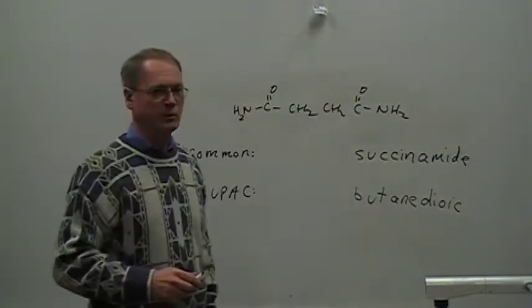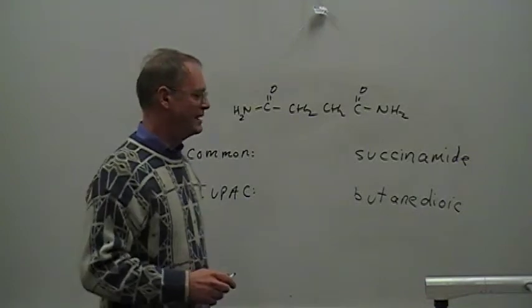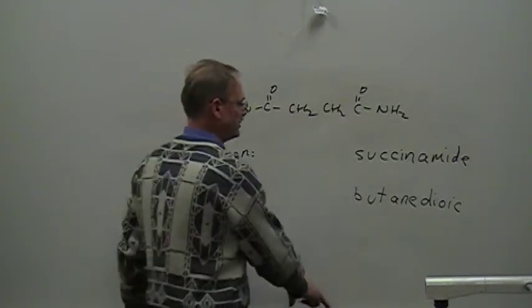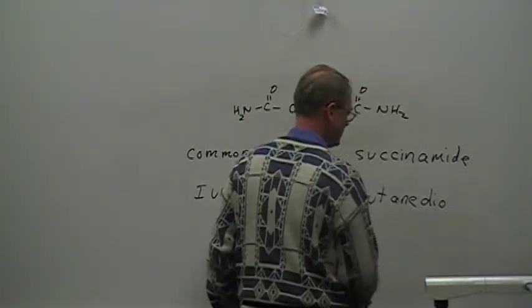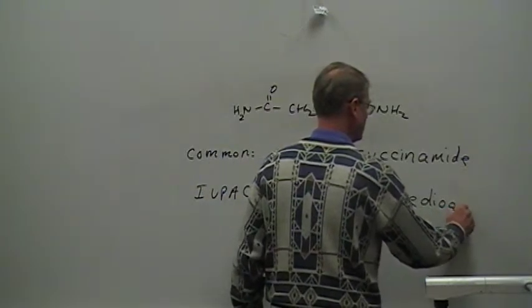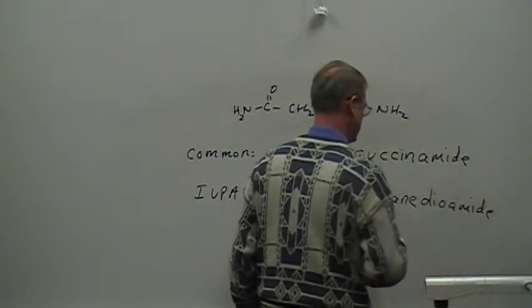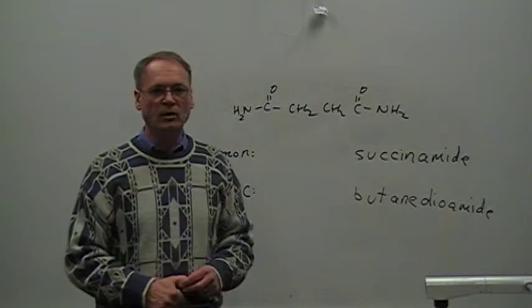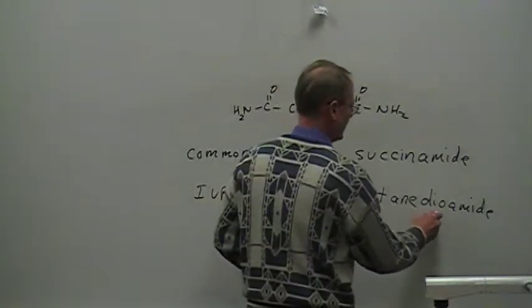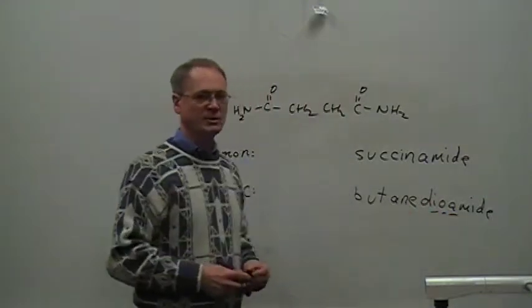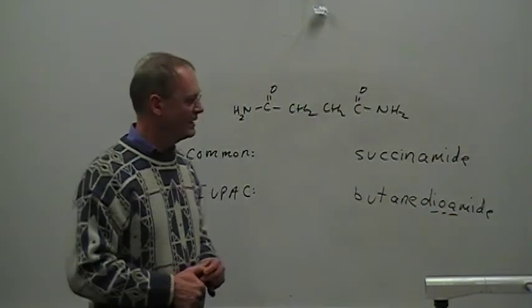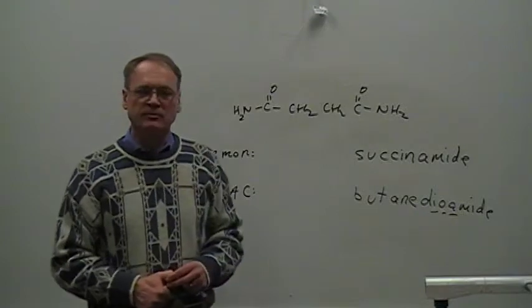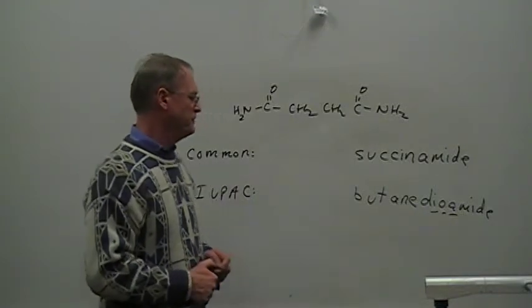We put the little prefix in front of the ending, so it's butane dioic acid. To make it an amide, we're going to change the IC to AMIDE. So it's butane dioamide. Notice the i-o-a, all separate syllables, is pronounced dioamide. You sometimes see it pronounced differently.